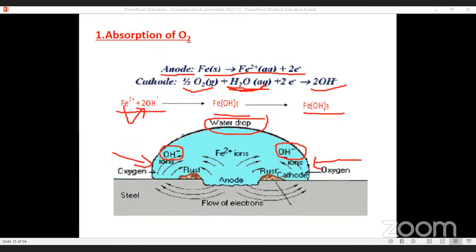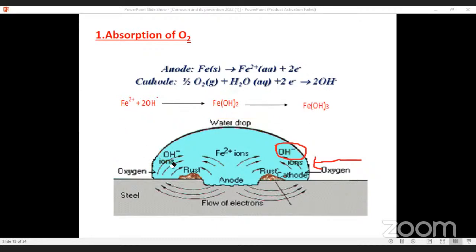The metal is converted to the metal ion, and the metal ion dissolves in the solution where OH minus ions are present. Therefore, the metal ion combines with OH minus ions to produce iron hydroxide. This happens in the presence of absorption of oxygen.